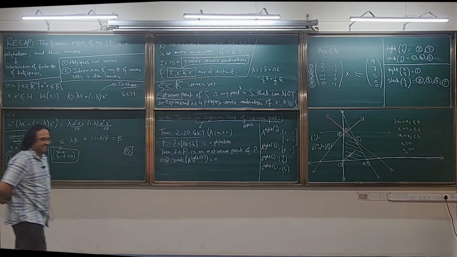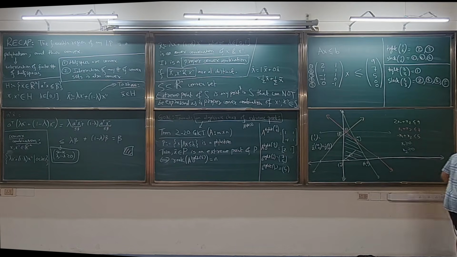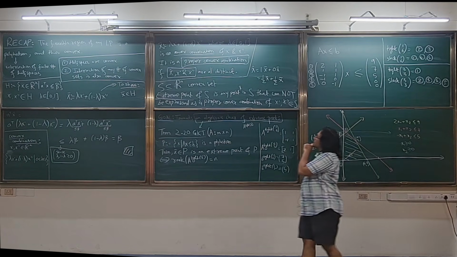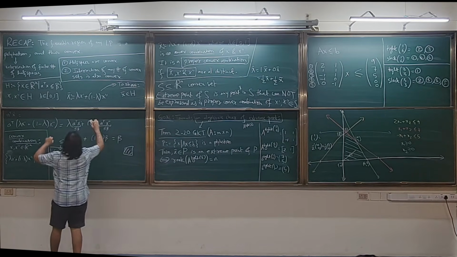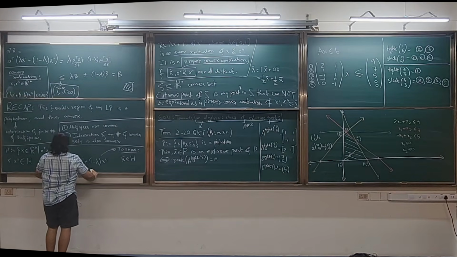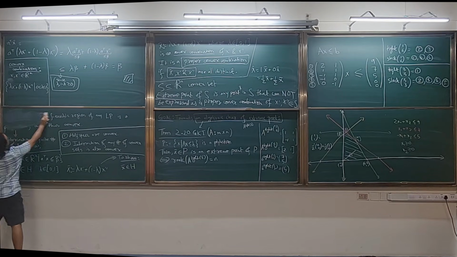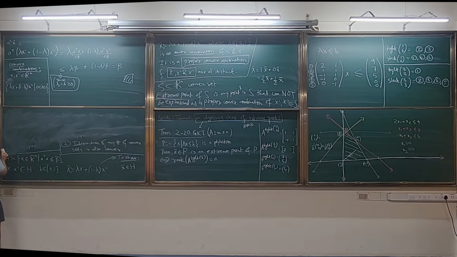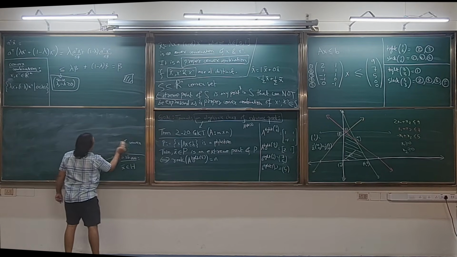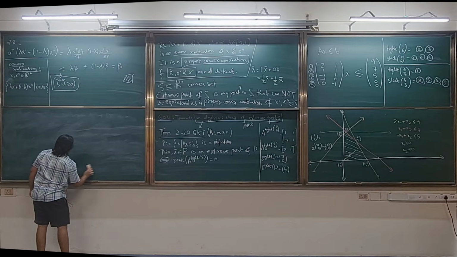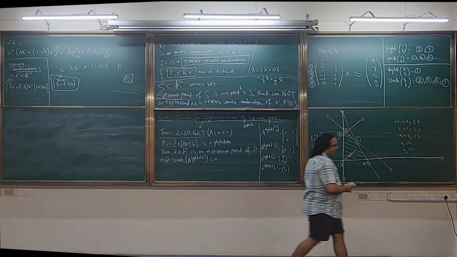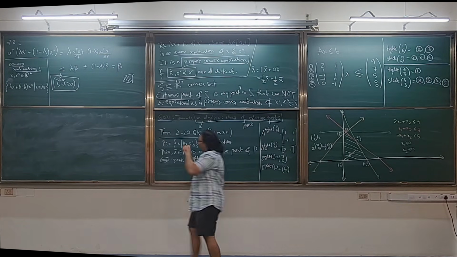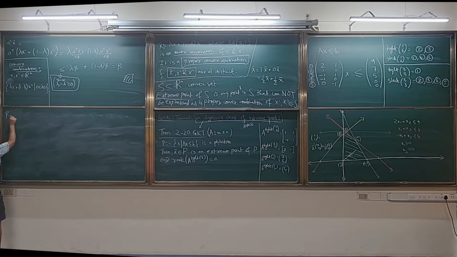Because we haven't established this yet. So we'll go to the convex combination first.